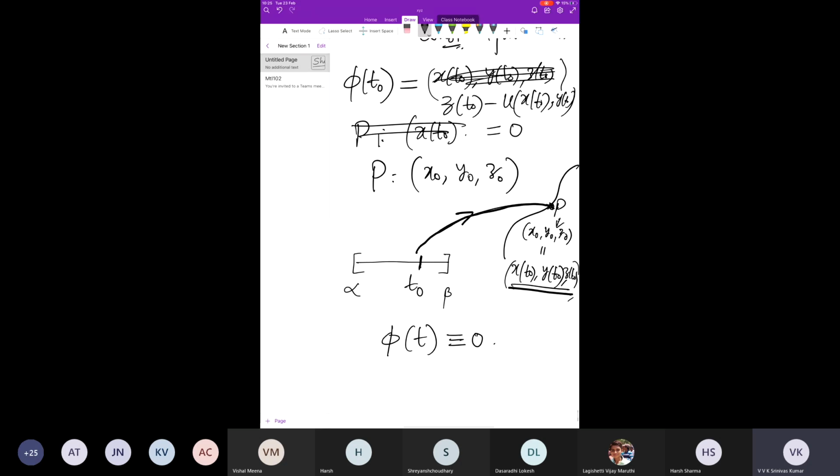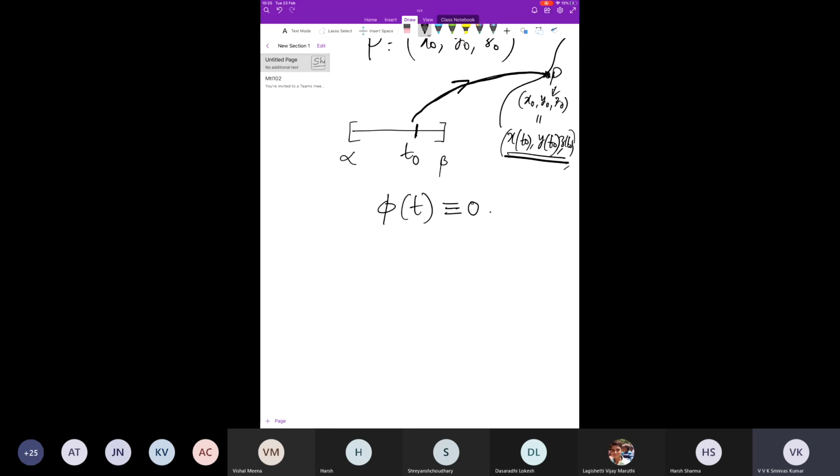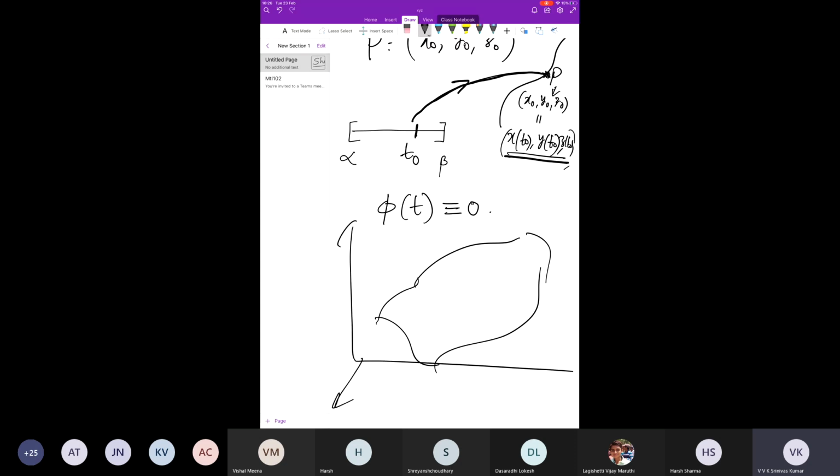Okay. So what is this entire thing saying? It is saying, if you take an integral surface, that means it is a solution surface to the given PDE, and if you take any point and a characteristic curve passing through this point, it has to entirely lie inside the integral surface.